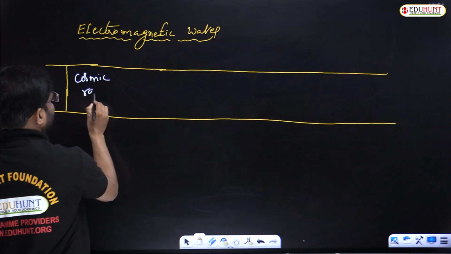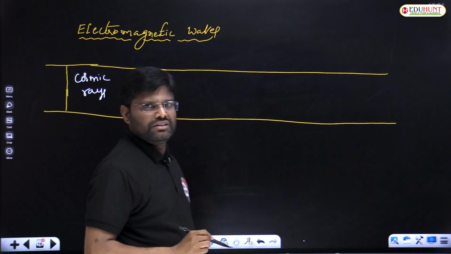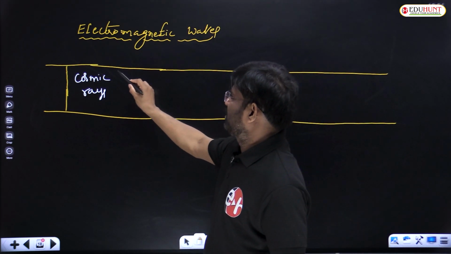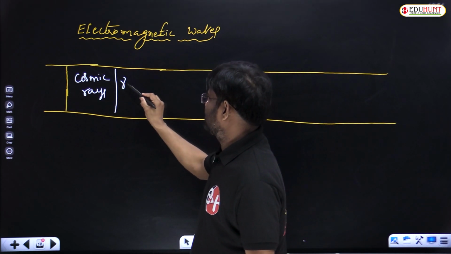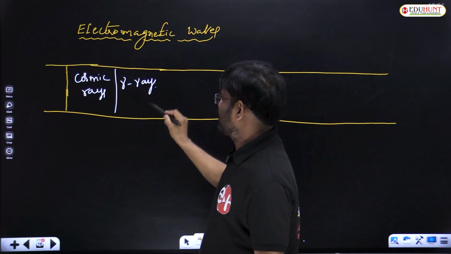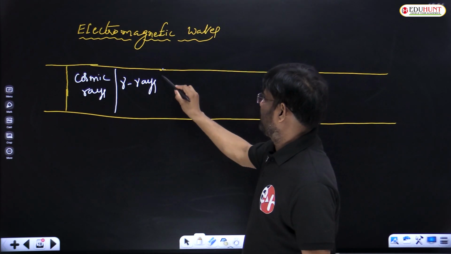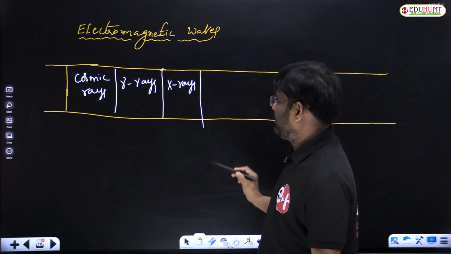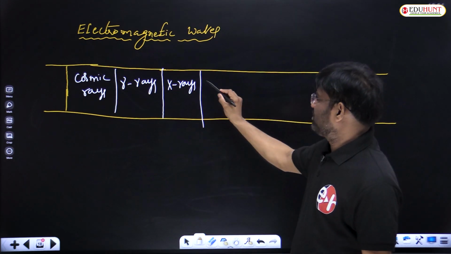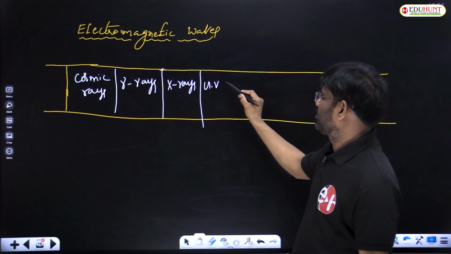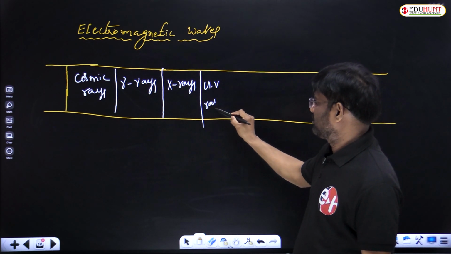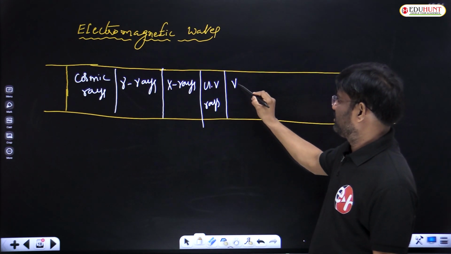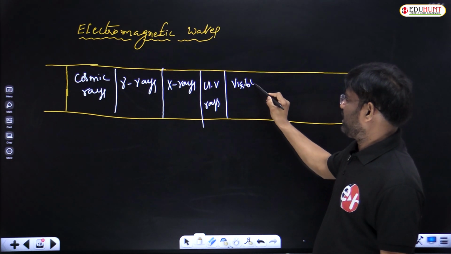Cosmic rays are of very high energy. These are present at the sun. Highly energetic rays, cosmic rays. Next, gamma rays. Next, X-rays. Next, UV rays. Next, visible light.